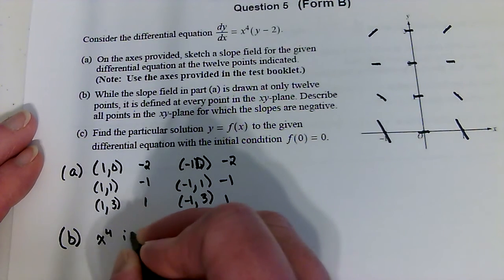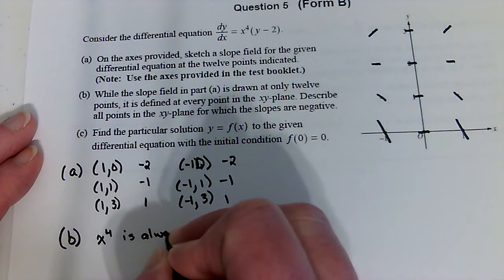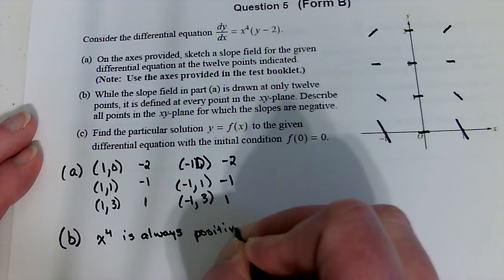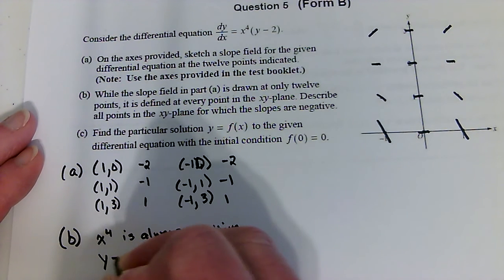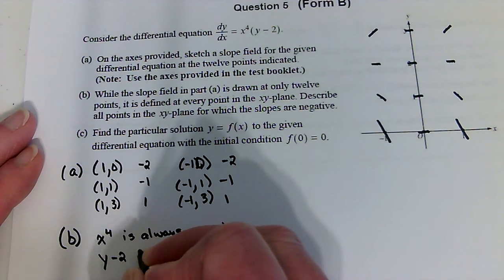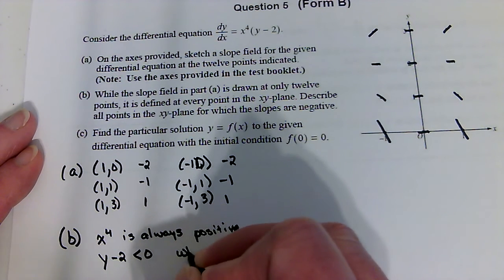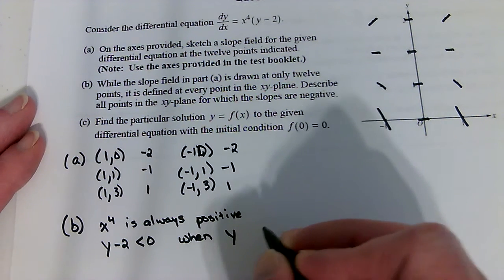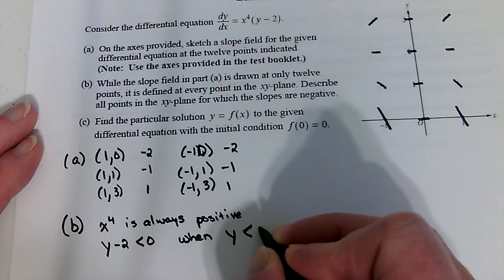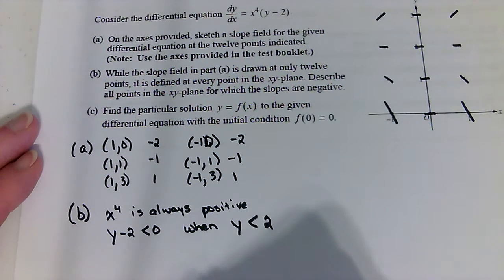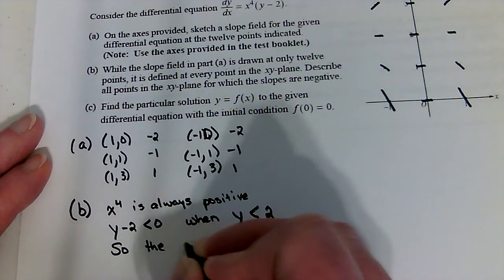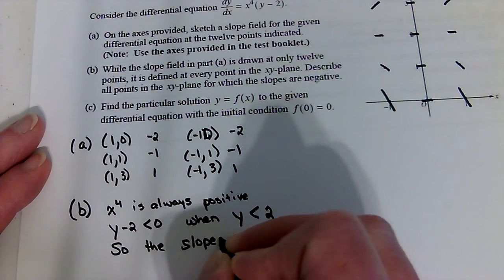X to the 4th is always positive. Y minus 2 is less than 0 when y is less than 2. So the slopes are negative.